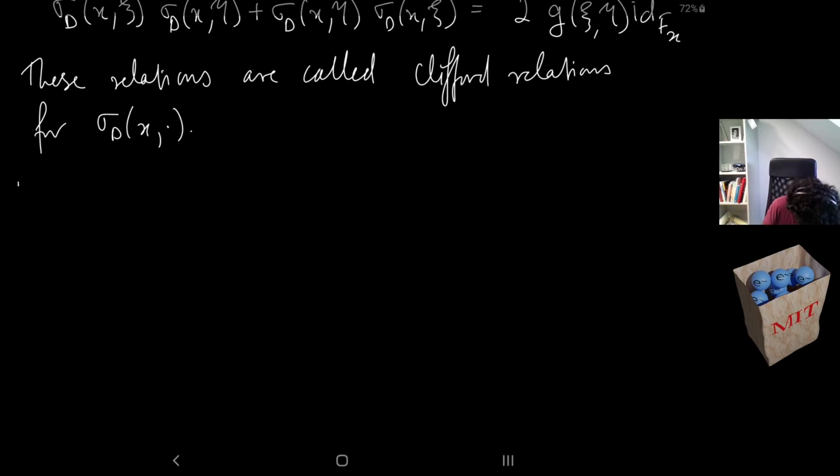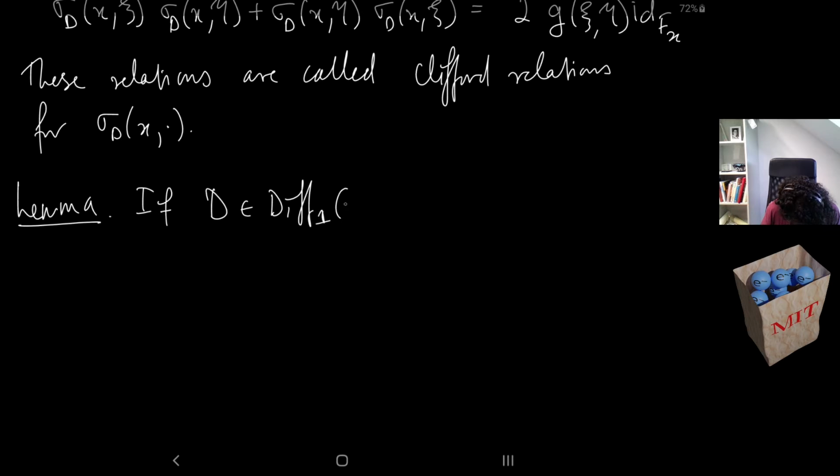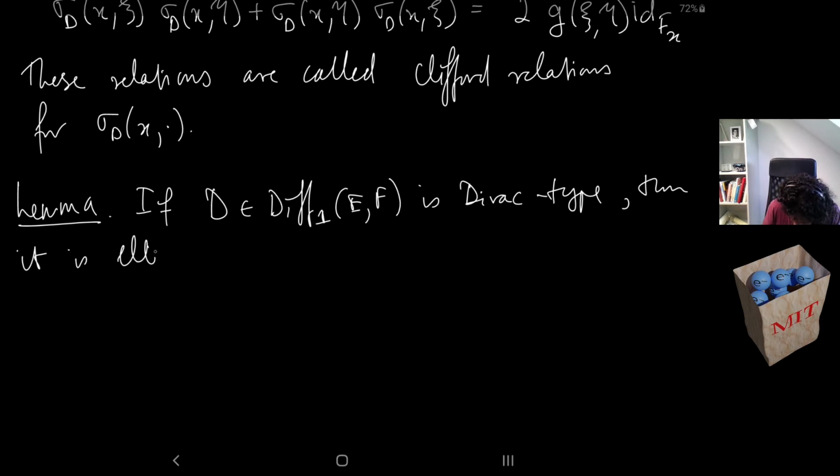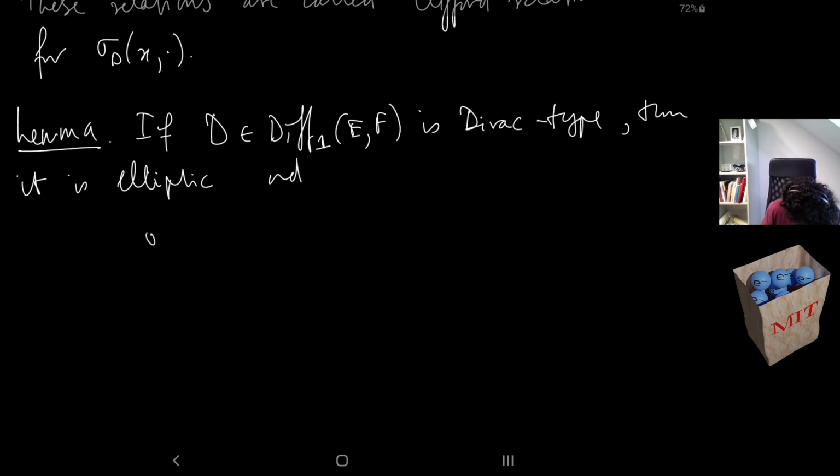Okay. So lemma. If D is Dirac type, then it is elliptic, and in fact we have that the inverse of the symbol is given as follows.